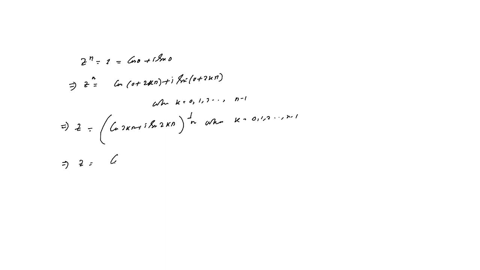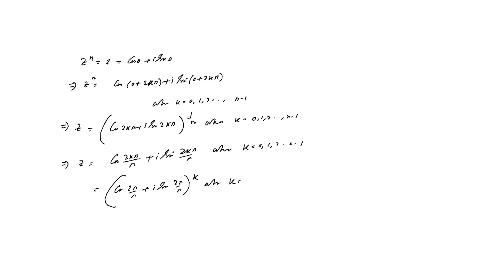So the value of z will be cos 2k pi by n plus i sin 2k pi by n, where k equals 0, 1, 2 up to n minus 1. We can write it as (cos 2 pi by n plus i sin 2 pi by n) to the power k, where k equals 0, 1, 2 up to n minus 1.